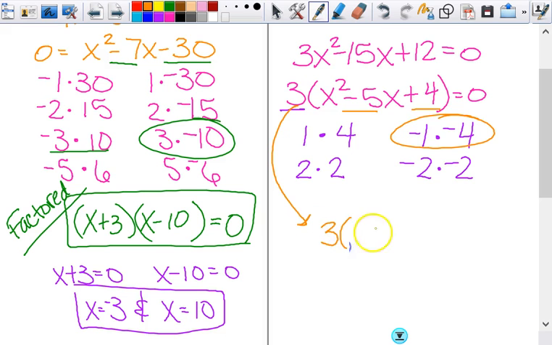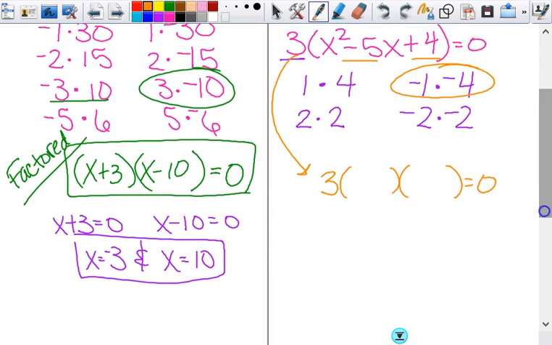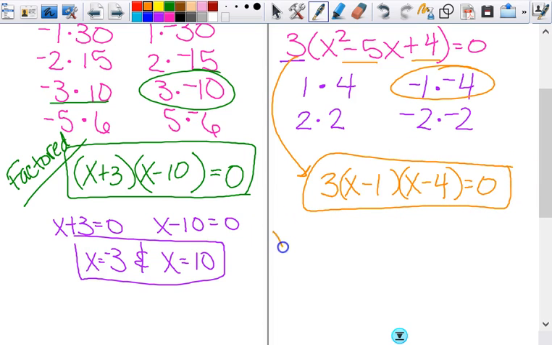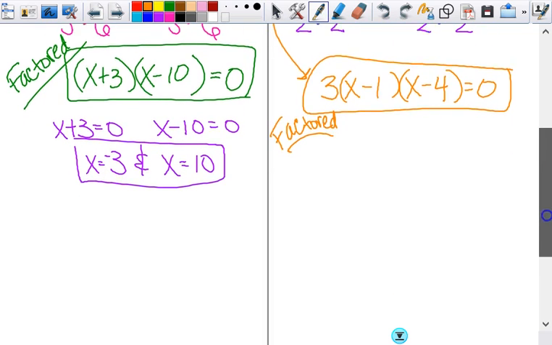So there's my 3. I have to make sure I keep my equation equal to 0. I split my x's. It becomes -1 and -4. So this right here, this is factored. If you drop the GCF and lose him somewhere, you do not have it completely factored.